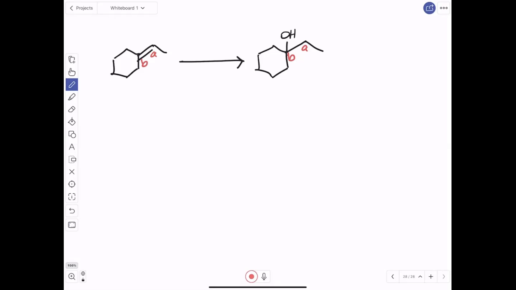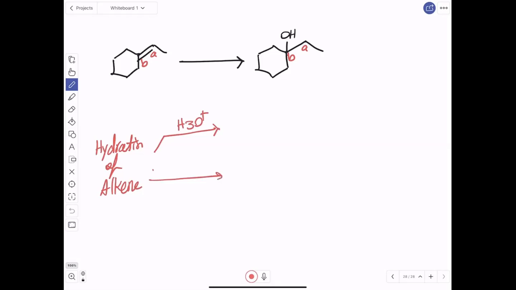And how many different reactions do you know for hydration of alkenes? 3. For hydration of alkene to alcohol, the first reaction that you know is acid and water.